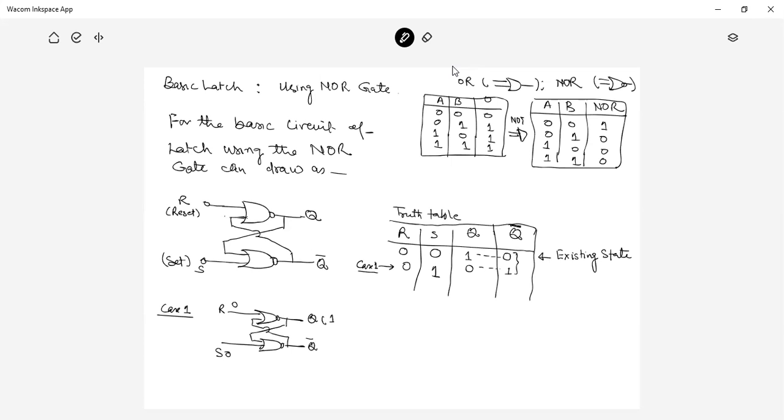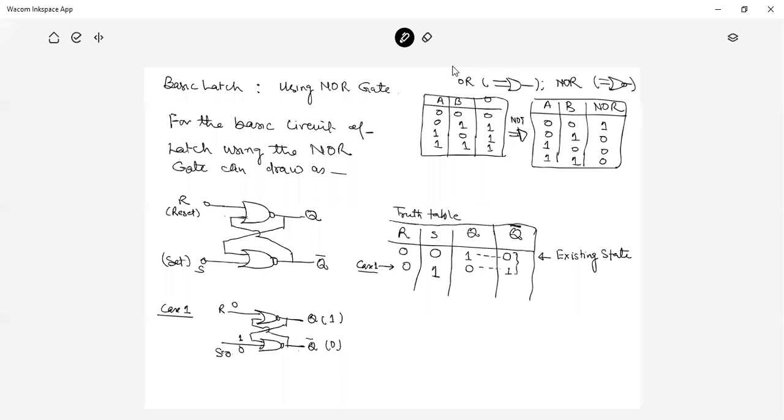If Q is 1 and Q bar is 0, this input is fed over here, so it is 1. So the inputs are 0 and 1. In the case of 0, 1, from the NOR gate, the output is 0.